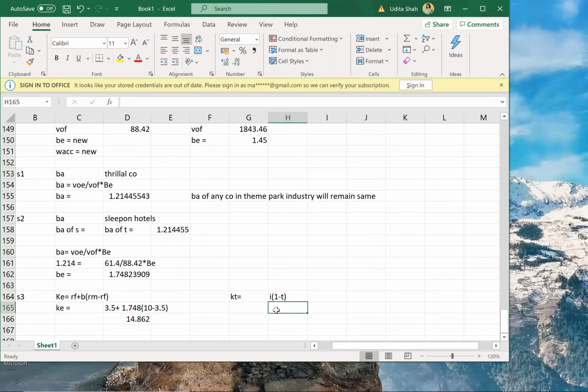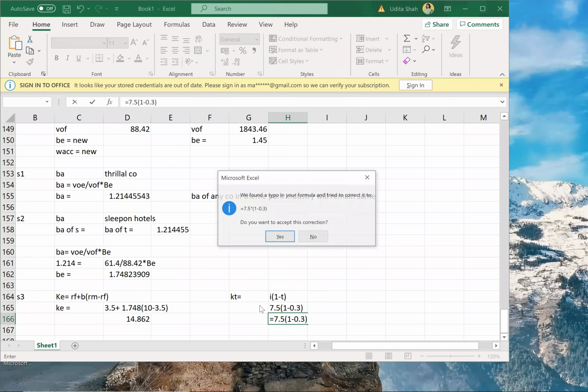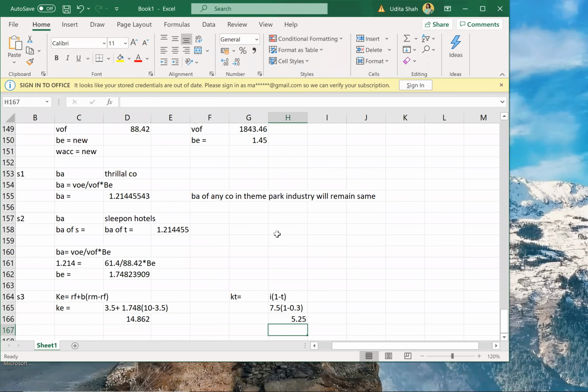Sleepon has access to a 450 million euro-dollar loan at 7.5%. So interest is 7.5% into 1 minus T. 1 minus tax rate is what? 30%. So 5.25% is my cost of term loan.